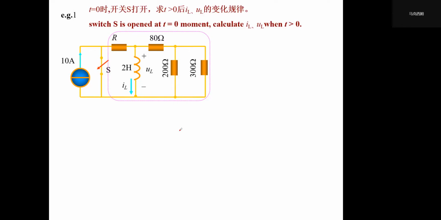So once we turn on the switch, the current source will no longer be short circuited. So the current will run into the rest part in the pink square part. So that will generate a corresponding response.